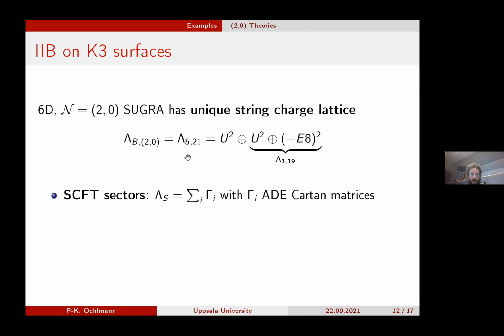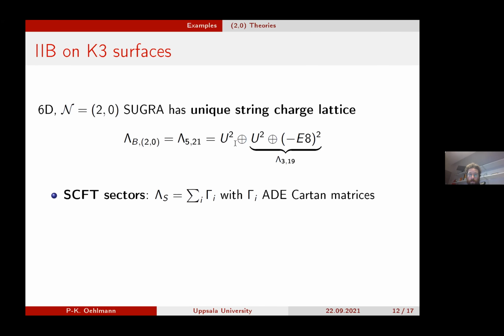The simplest example is, of course, type 2B strings on a K3. This gives you a 6D (2,0) supergravity, and this supergravity theory actually has a unique string charge lattice, which is an even self-dual lattice, of course, of signature (5,21), and it can be decomposed into these factors here.